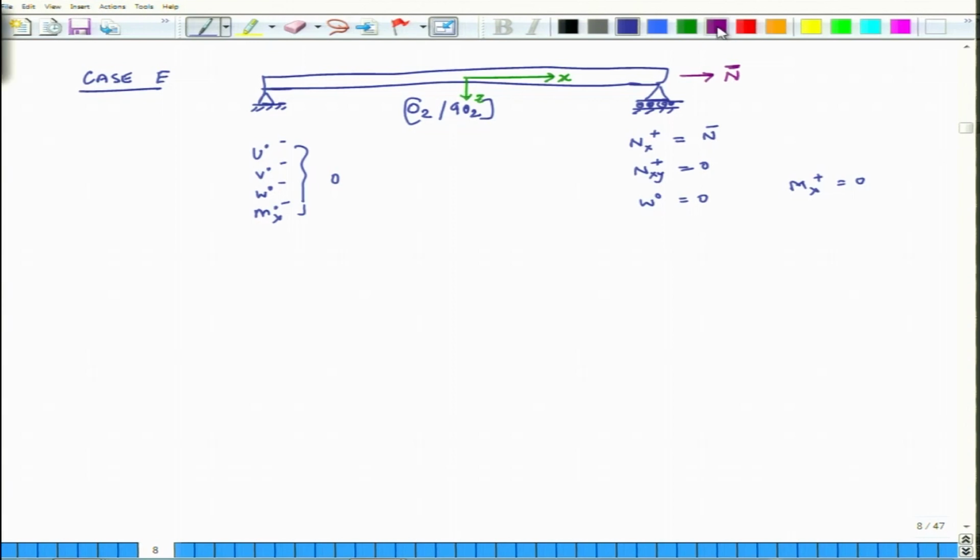The other thing, like we did in the earlier cases, overall the length of the plate is a, and if I look at the cross section of the plate, the height is h and the width is b. So, I say that a is very, very large compared to b. That is our approximation for semi-infinite plates.